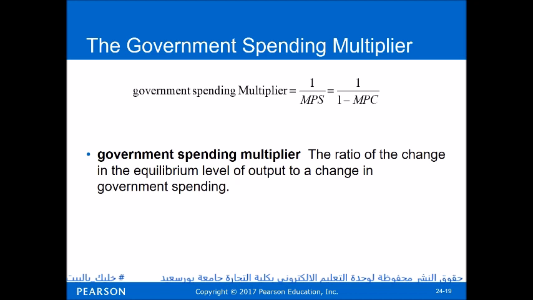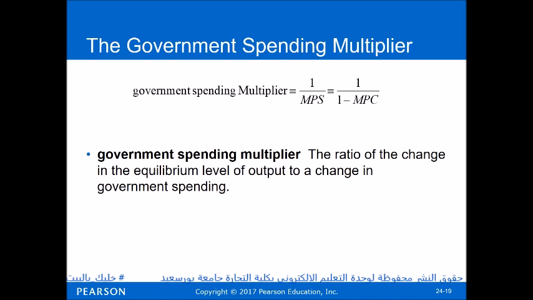The government spending multiplier can be calculated by dividing 1 by the value of the marginal propensity to save, or 1 divided by MPS, and also by dividing 1 by 1 minus the marginal propensity to consume, or MPC.